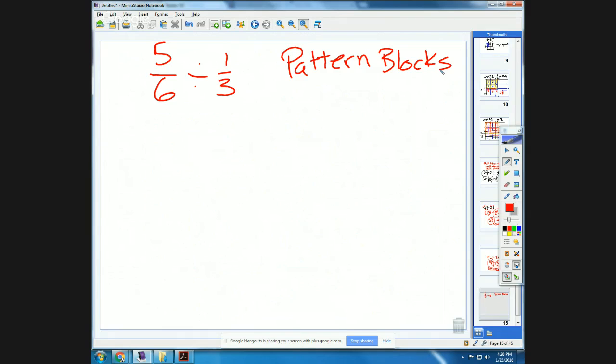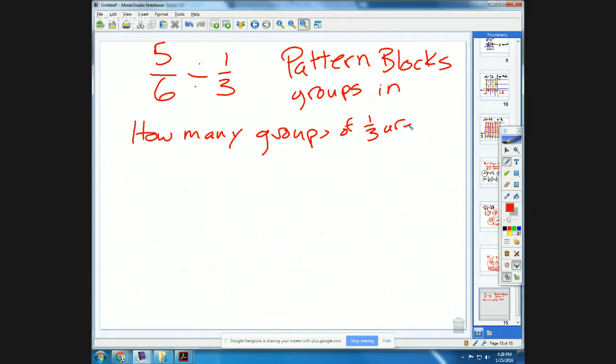You could use Ks too. And then, let's see, division means groups in. So before I can draw this out, I have to state the question I'm trying to answer. And so the question this asks is how many groups of 1/3 are in 5/6? How many groups of 1/3 are in 5/6?